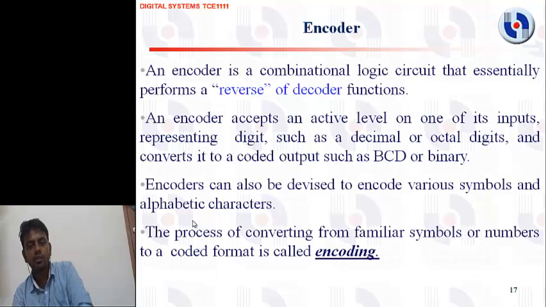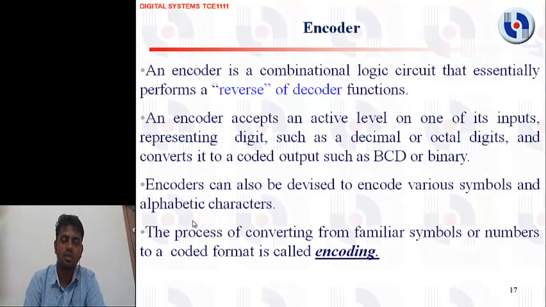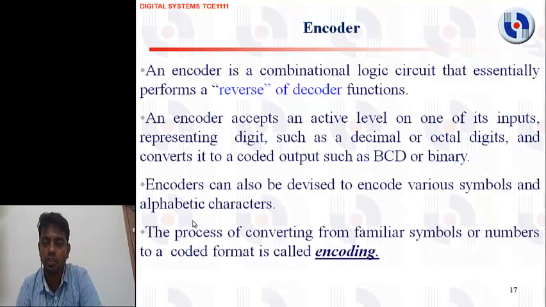Now the second part of this seminar is the encoder. We already understood what a decoder is. Decoders are converting n number of inputs to 2 raised to n number of combinational outputs. The reverse operation we are doing in encoders.